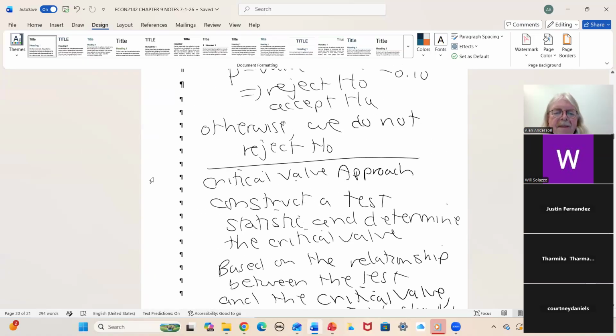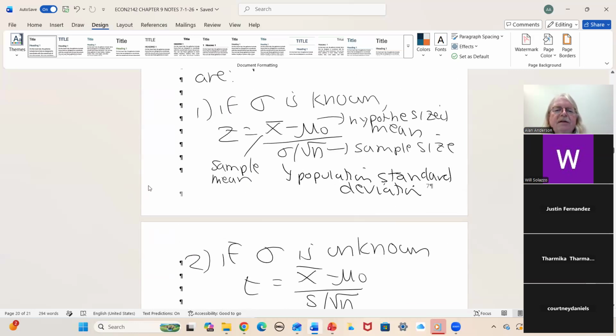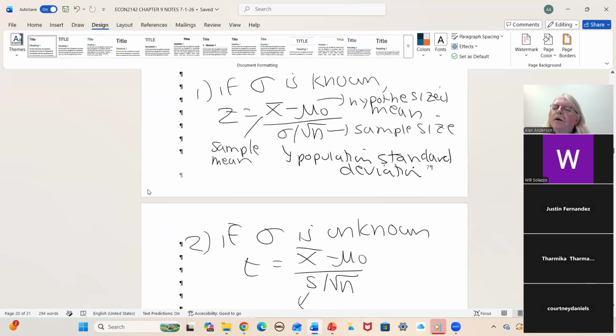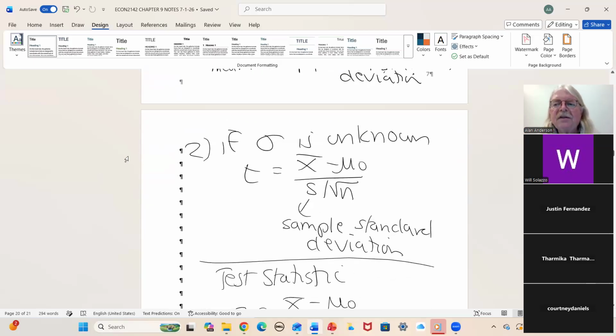But I did mention that when testing hypotheses about the population mean, if the standard deviation is known from the population, we're going to use the standard normal distribution to test the hypothesis. If not, we'll use the t-distribution. Since then, we've done nothing but use the standard normal. Now it's about time that we looked at the t-distribution.